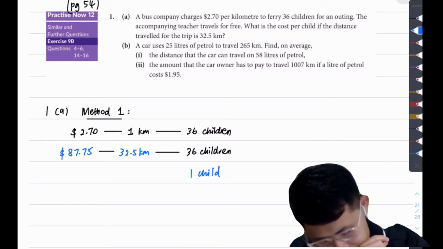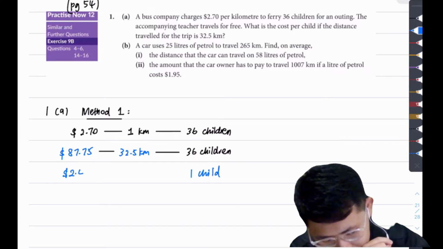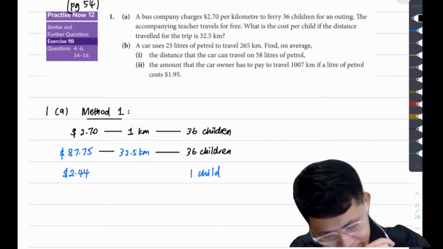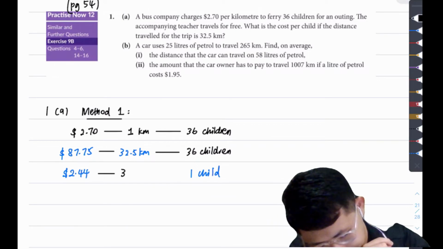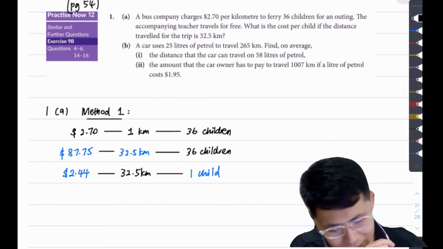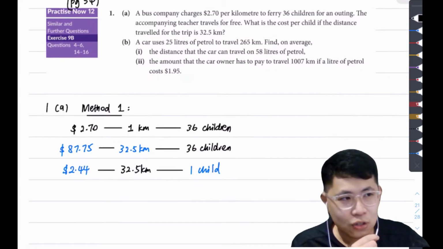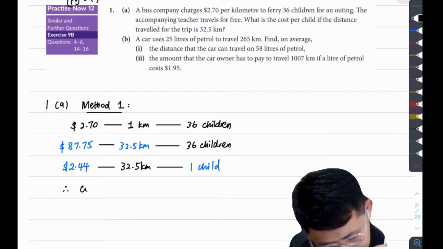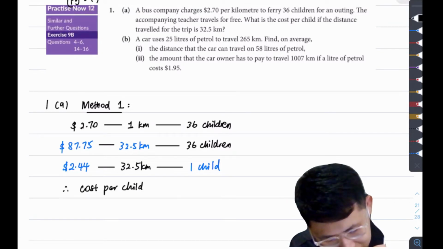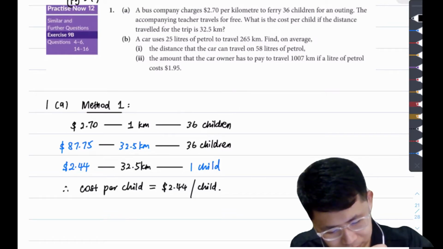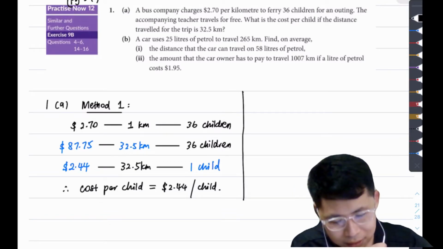Dividing the money by 36, I'm going to have $2.44 for the same 32.5 km. So the amount that I'm looking for, the cost per child, is going to be $2.44 per child. Okay, so this would form method 1.